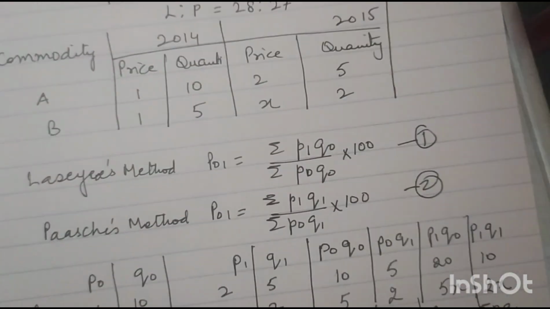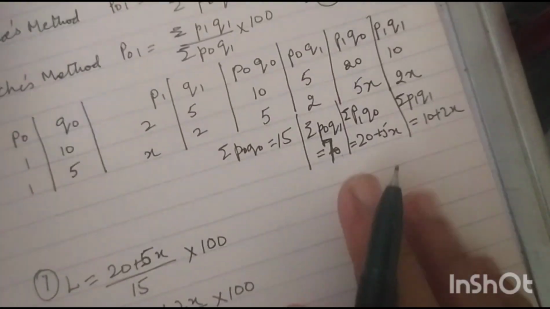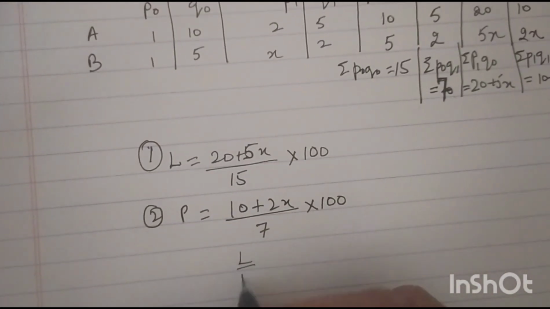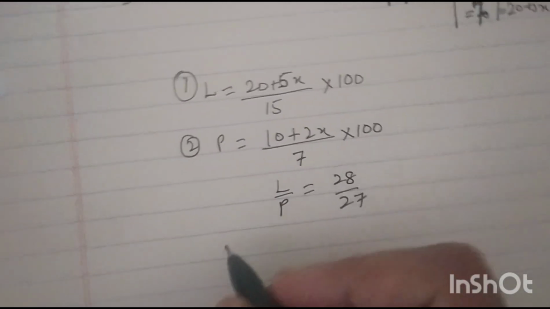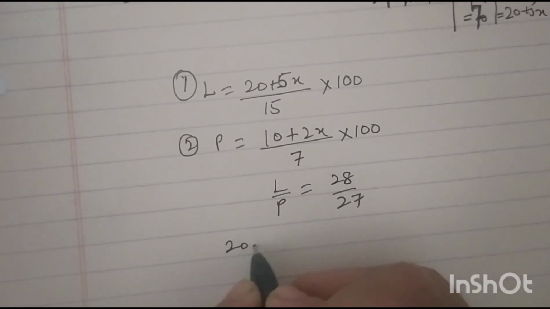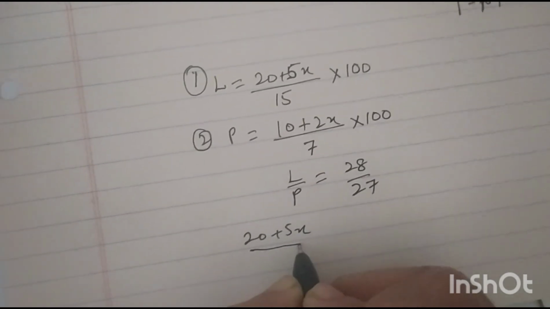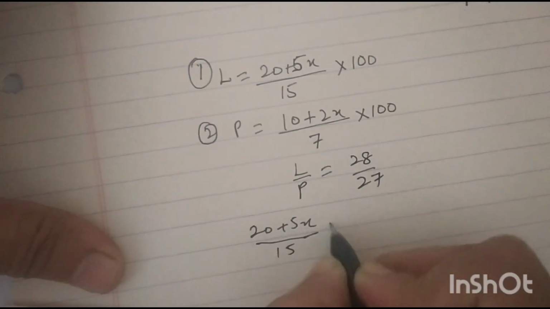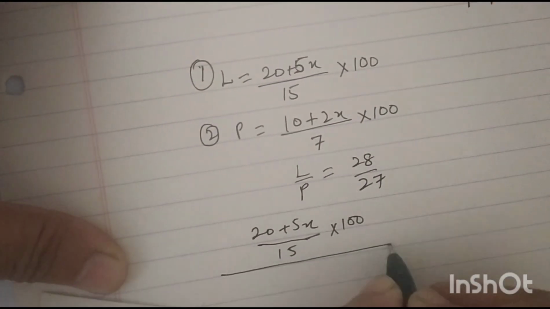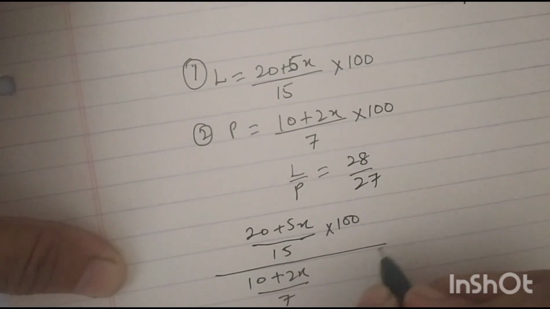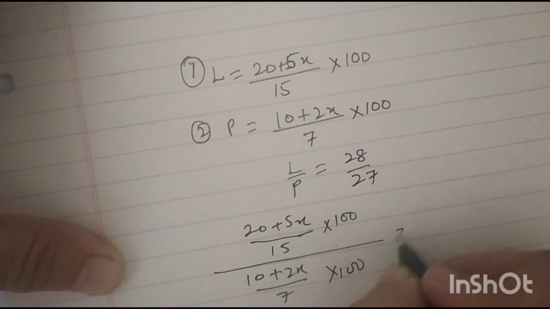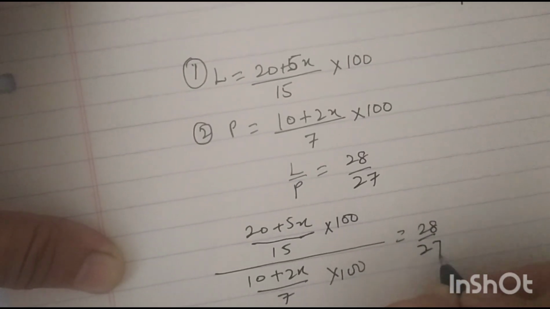So now we will use this ratio which is given to us. L over P is 28/27, or you can say 20 plus 5x over 15 into 100, over 10 plus 2x over 7 into 100, is equal to 28/27.